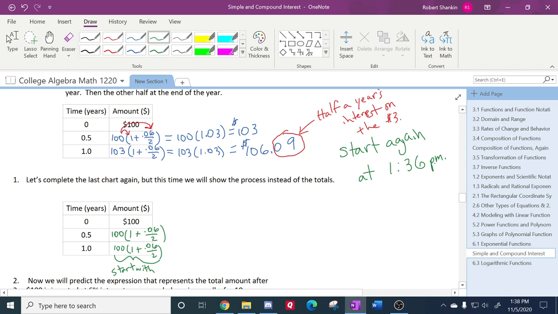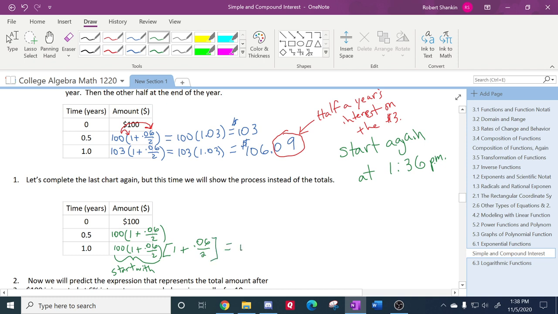For the second half of the year, we multiply this by 1. Now this is really $103. That $103 got multiplied by 1 plus 0.03, which came from 0.06 divided by 2.